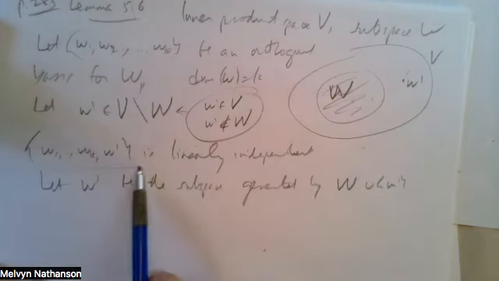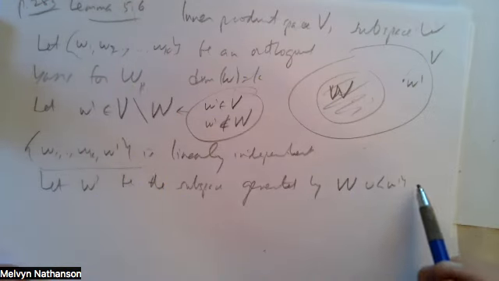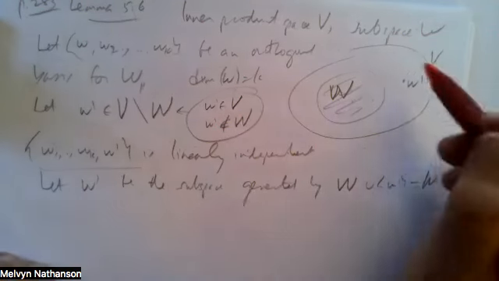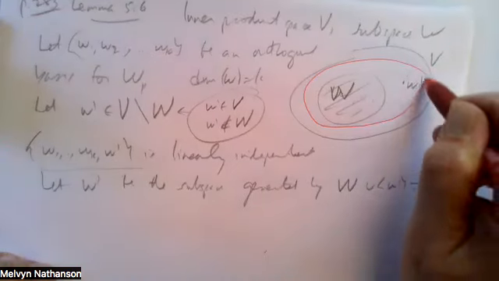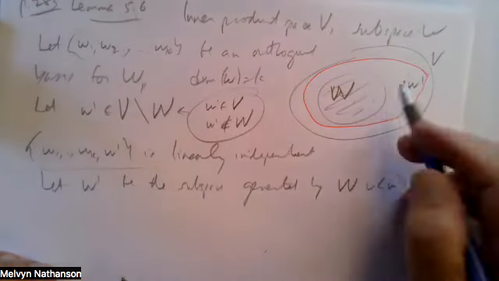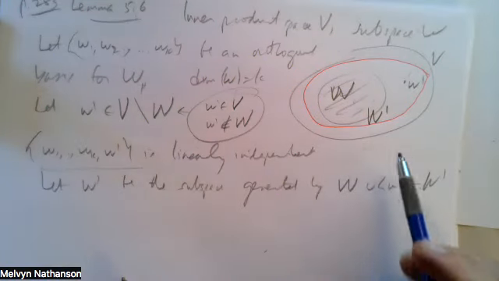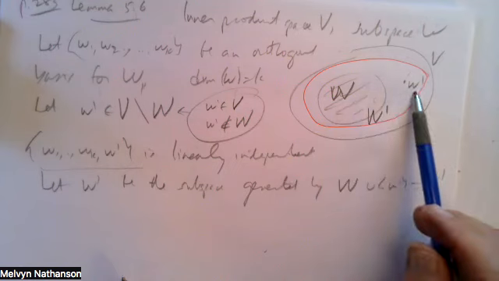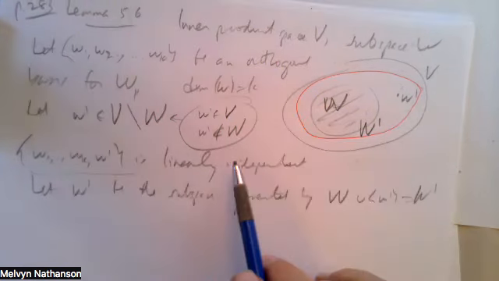So this set is actually a basis for this K plus 1 dimensional space. Capital W prime is the smallest subspace that contains the subspace W and this new vector W prime.